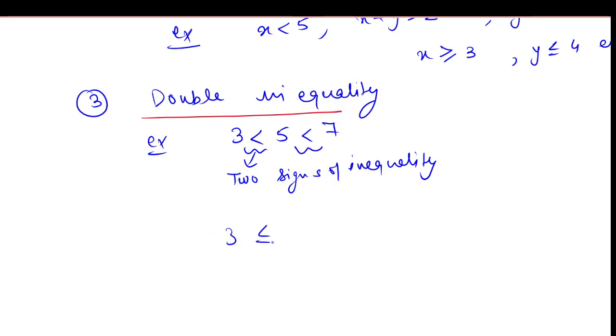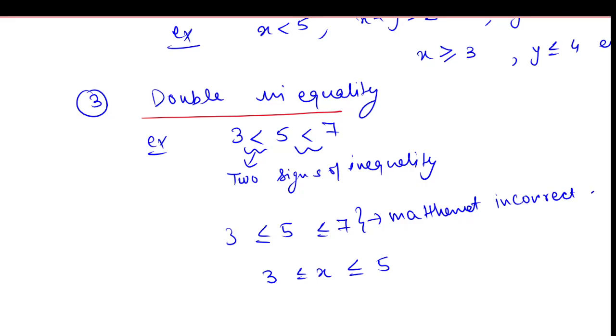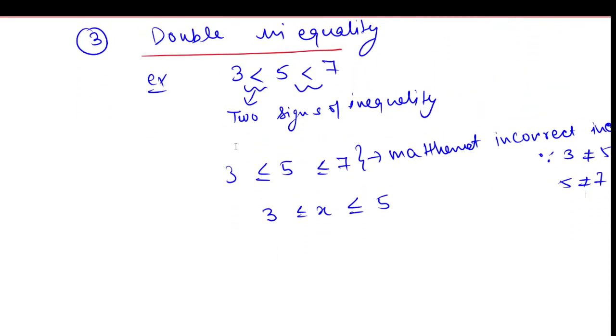Or we have 3 is less than or equal to 5 and 5 is less than or equal to 7, or 3 is less than or equal to x is less than or equal to 5. So it is a mathematically incorrect statement, an incorrect inequality, because 3 is not equal to 5 and 5 is not equal to 7. So these are types of double inequality.